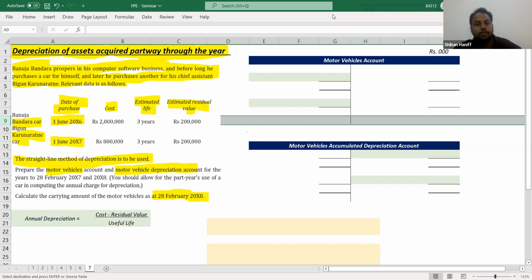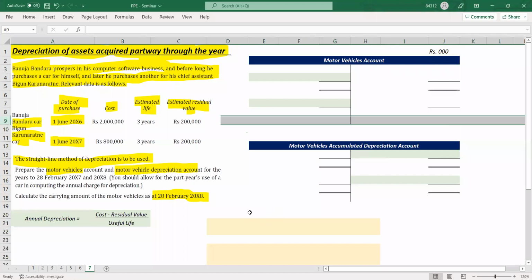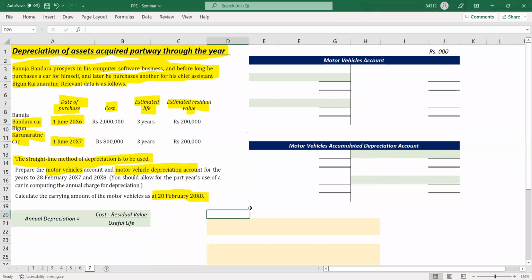Okay, let's do this. Let's calculate the depreciation.